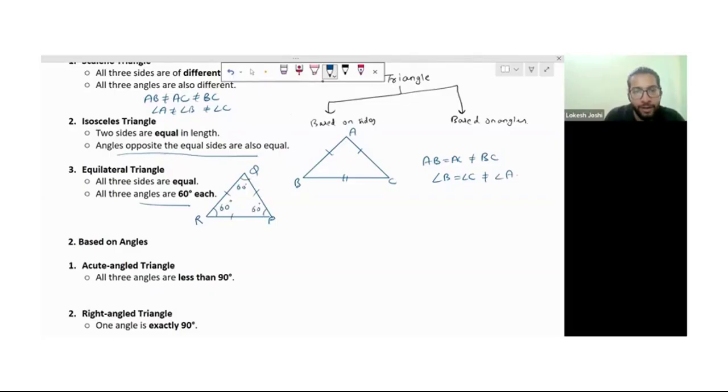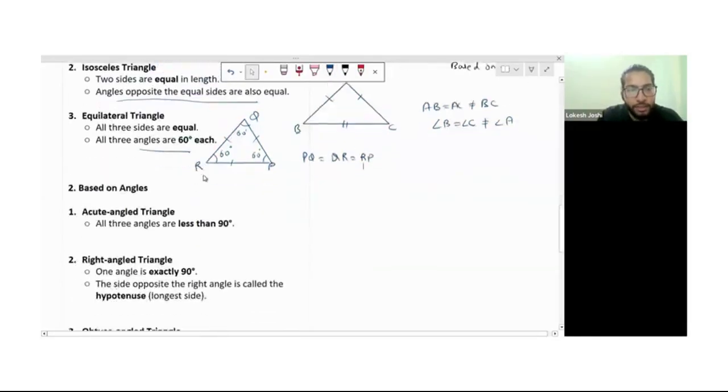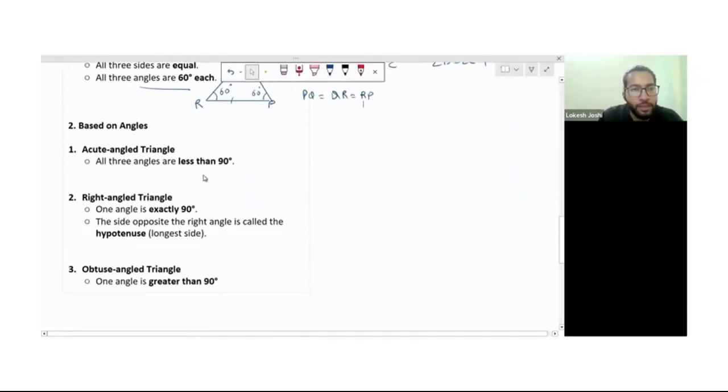So in an equilateral triangle, PQ is equal to QR is equal to RP. Okay, that's the condition.